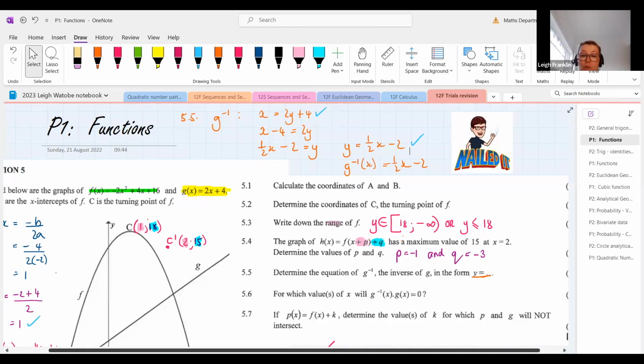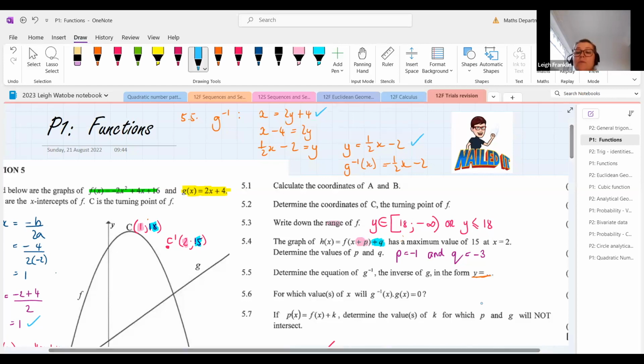First of all, we're multiplying two things together. G inverse of x and G of x represent Y values, output values. So we're talking about Y values on the inverse times Y values of the graph of G. When we multiply these two together, we want to get 0 as an answer.